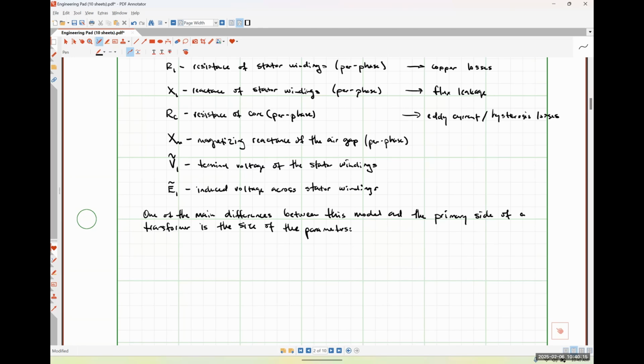Specifically, we're going to see that now XM is small. Before it was a very, very large magnetizing reactance. And we're going to see that X1 is large in comparison to what we saw in our previous examples dealing with transformers.